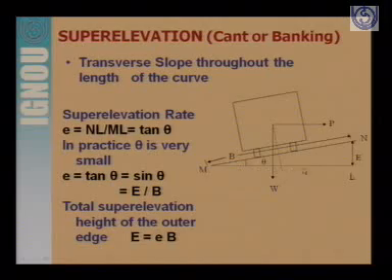Here you see in this picture, this is the vehicle, and the road's level has been raised about an inner point. So this was the original highway or original road.